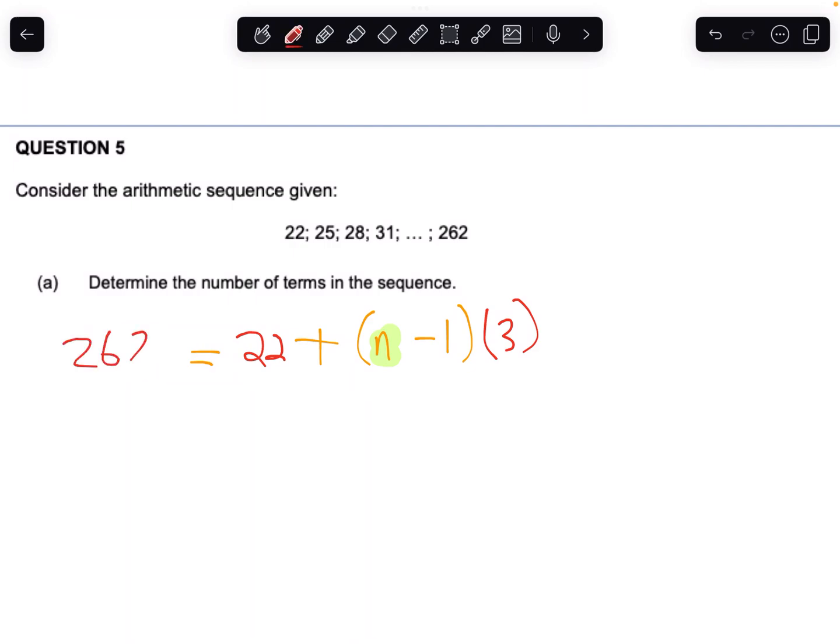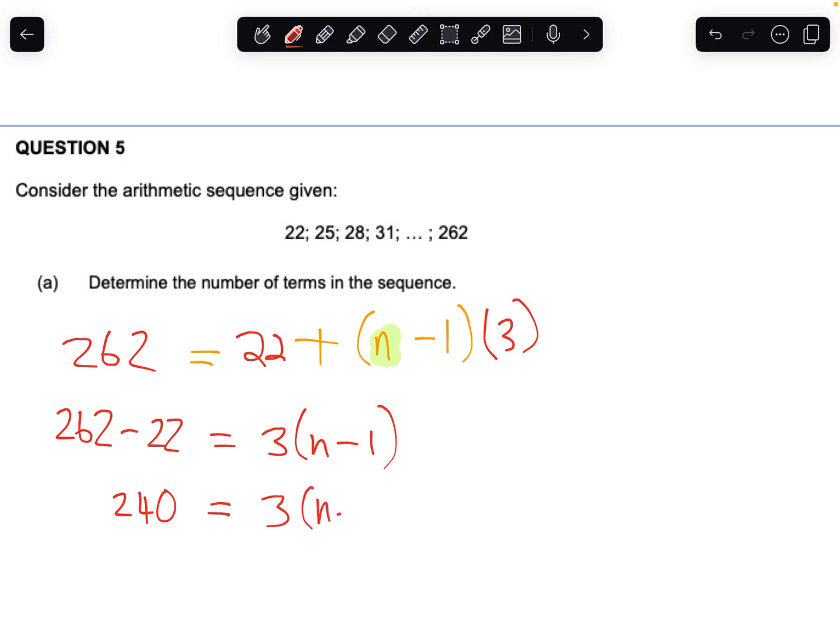Okay, so now we can just solve this equation. We've got 262 minus 22, if I subtract 22 on both sides, is 3 times n minus 1. So that is 240, and you can multiply it out if you want. Alternatively, you can divide both sides by 3.